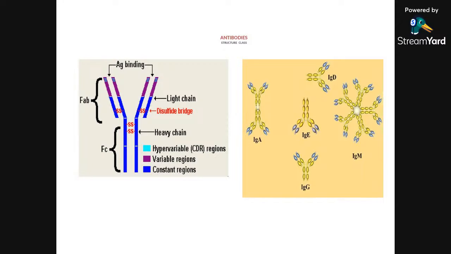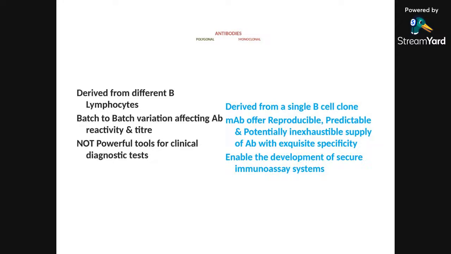IgA is alpha, IgE epsilon, IgD delta, IgM mu, IgG gamma. These five categories are based upon the heavy chain and light chain molecule variability, and the variation will be recognized as AG1, AG2 and so on.